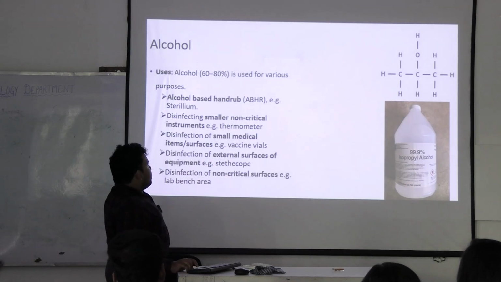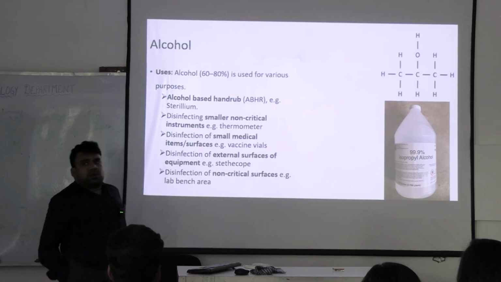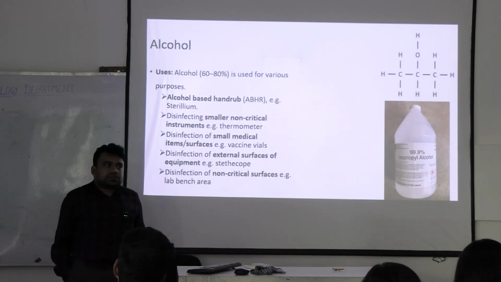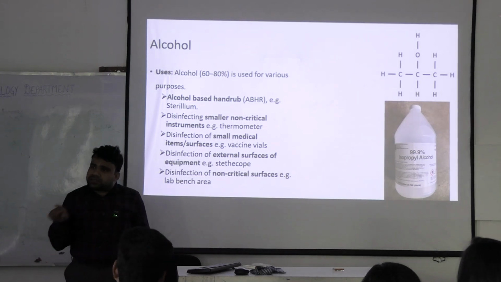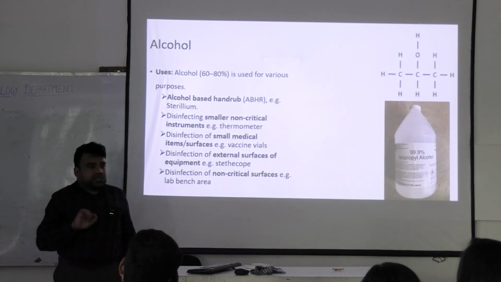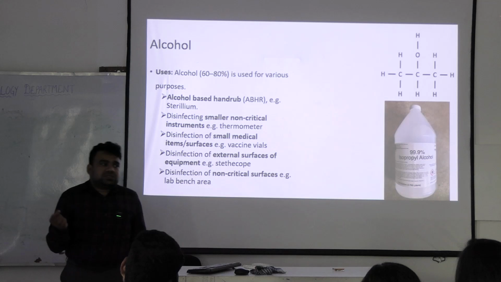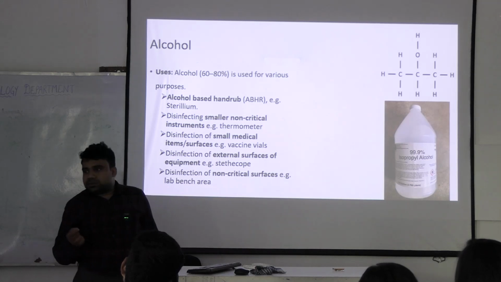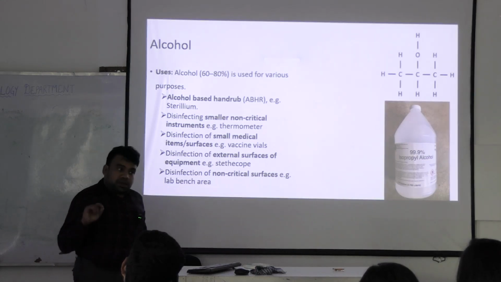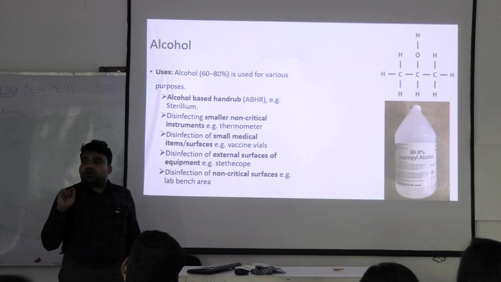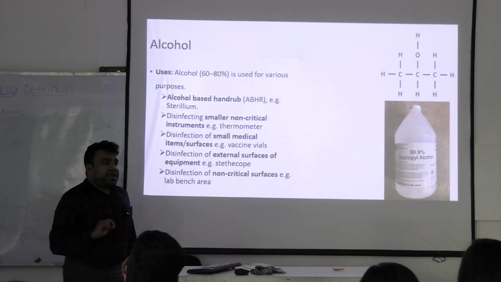Now, most commonly where is alcohol used? For asepsis of skin, instruments which come in contact with skin like an ECG probe, a thermometer, these can be cleaned. And very importantly, for alcohol based hand rub.